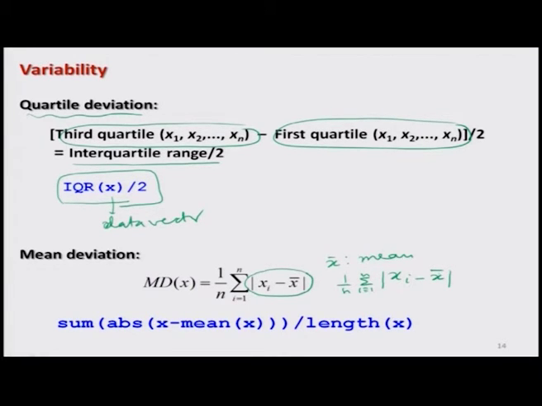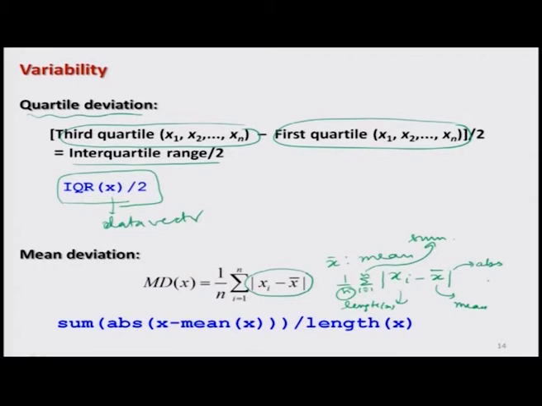There is no direct function to compute the mean deviation, but we just have to use the built-in functions and write down the syntax for computing it. Now, if you look at this structure, it is pretty simple. We know how to compute the arithmetic mean, that is mean of x, and we also know how to compute the absolute value, the function is abs, and we also know what n is, this is the length of x, and we also know how to find the sum.